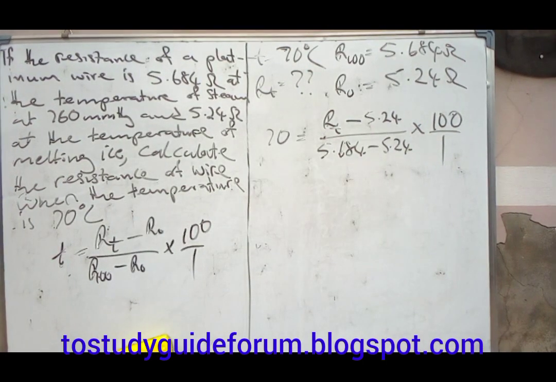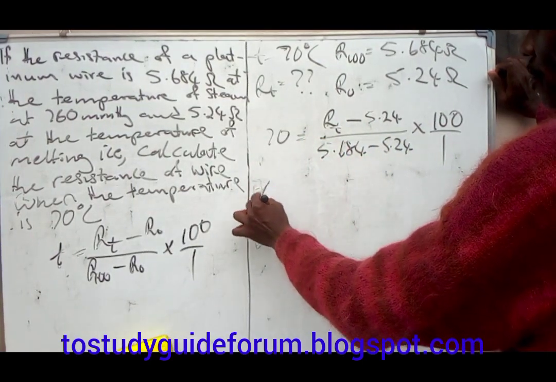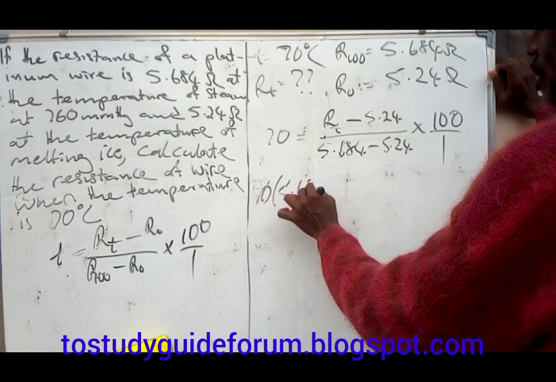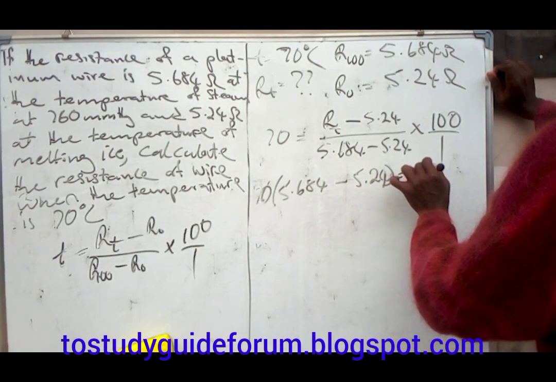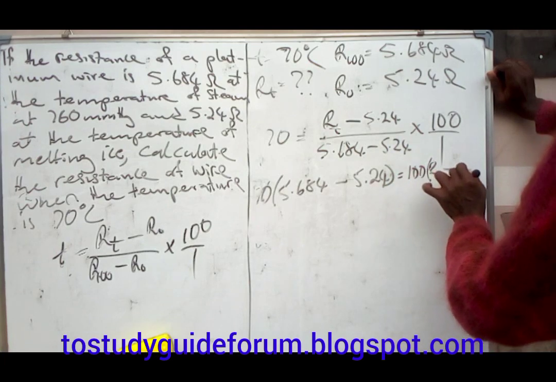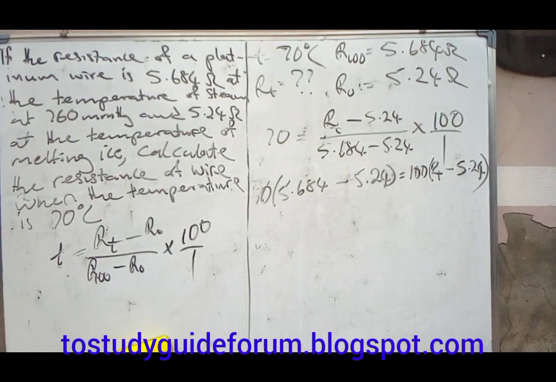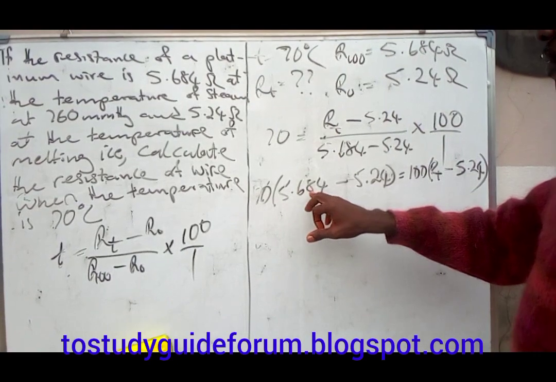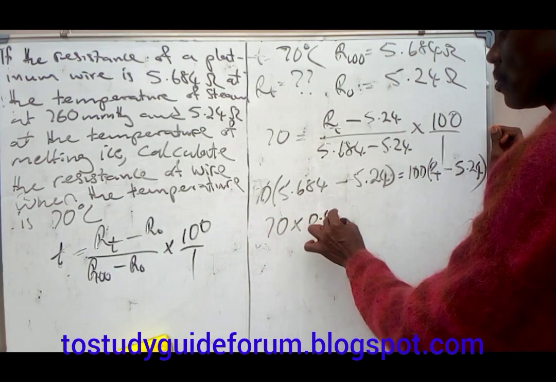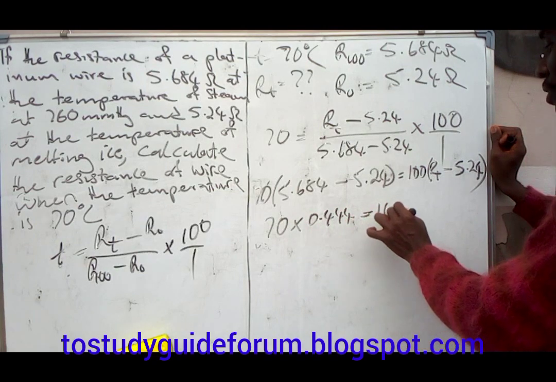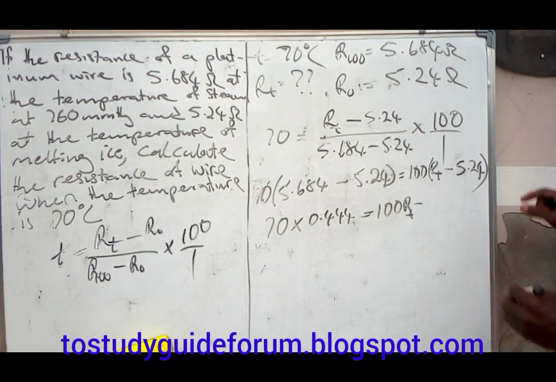Next we cross multiply: 70 times (5.684 minus 5.24) equals 100 times (R_T minus 5.24). 5.684 minus 5.24 gives 0.444.